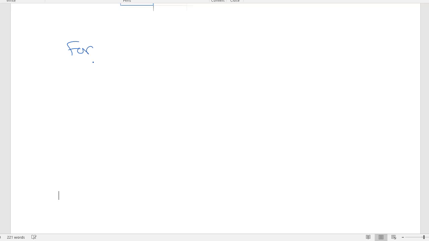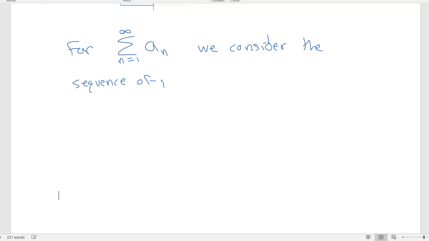Let's say for the sum of a sub n as n goes from 1 to infinity, we consider the sequence of partial sums, right? And we'll call that S sub n, right?